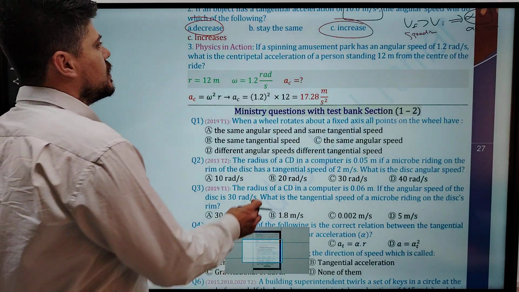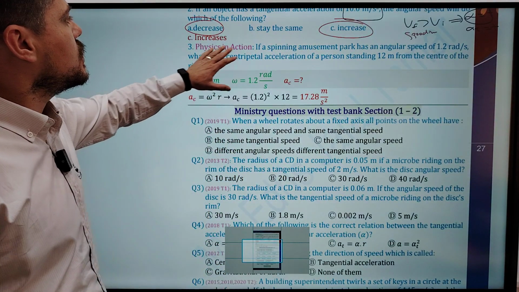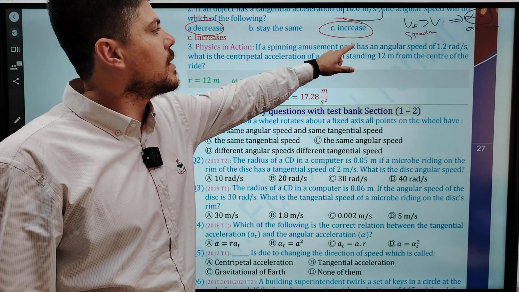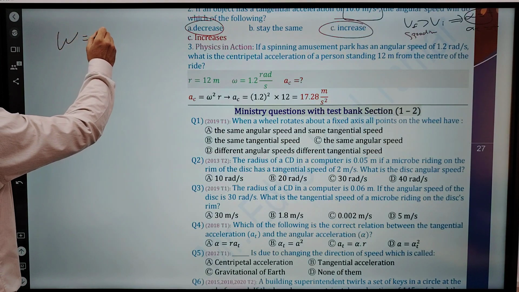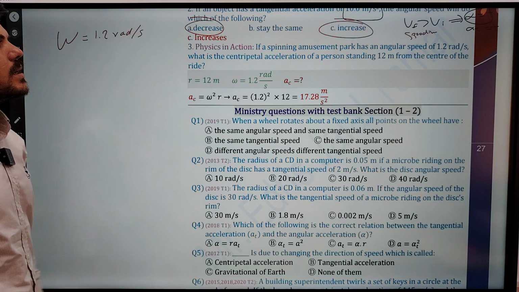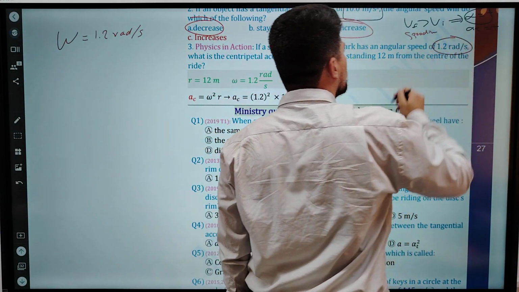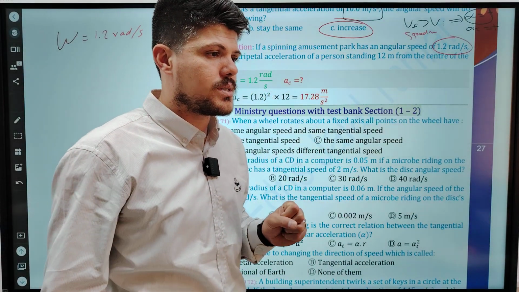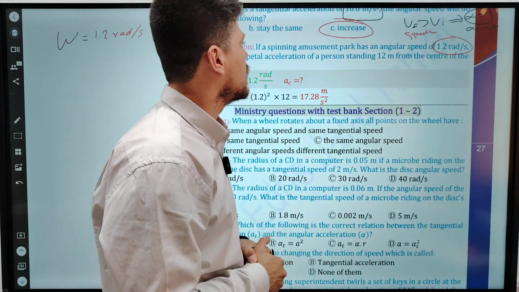The last question in the section review, question 3, physics in action. If a spinning amusement park ride has an angular speed, omega, which is equal to 1.2 rad per second. Be careful. In the case when angular speed is given in rev per second or rev per minute, you have to convert to rad per second.